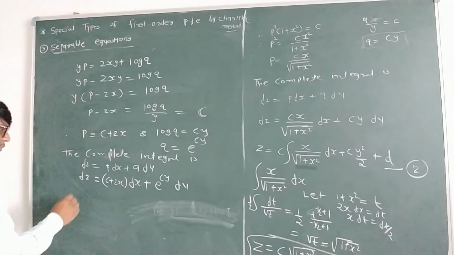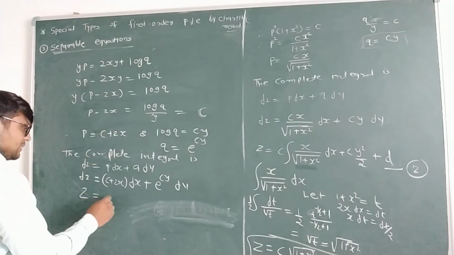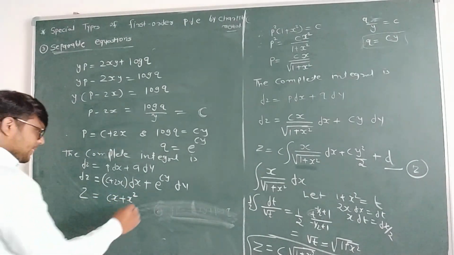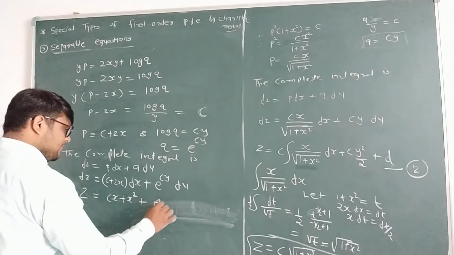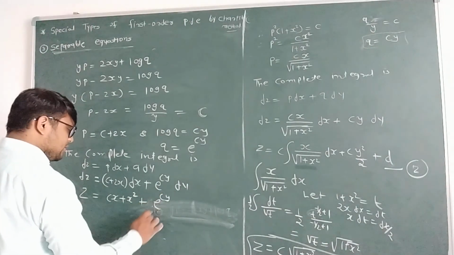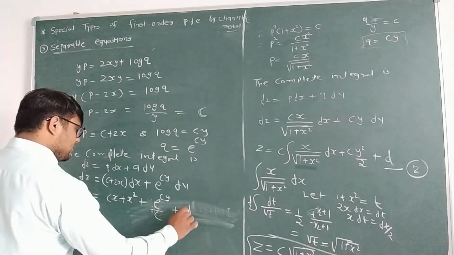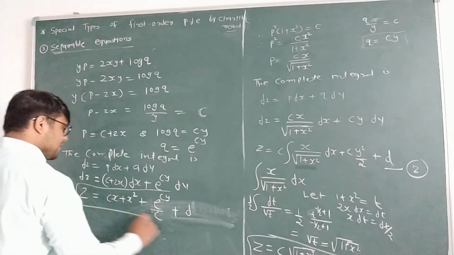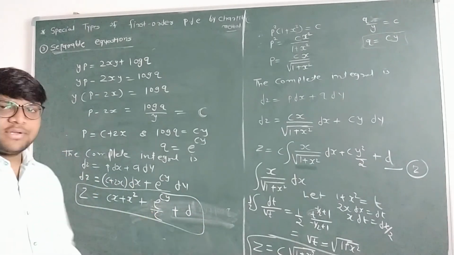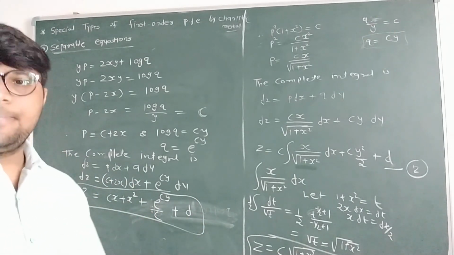So integrating both sides, z equals cx plus x square plus e to the power cy divided by c, plus some constant d. So this is our required complete solution of the given first order P.D.E.